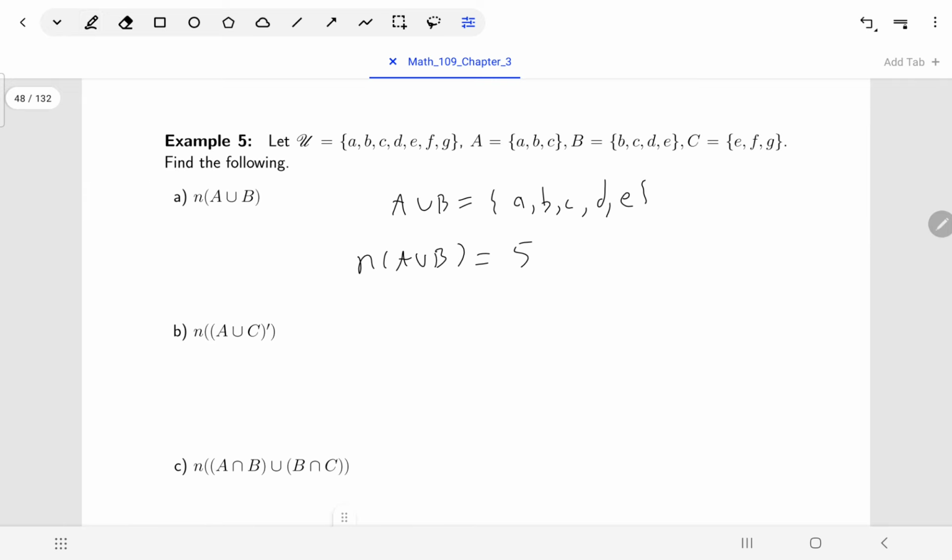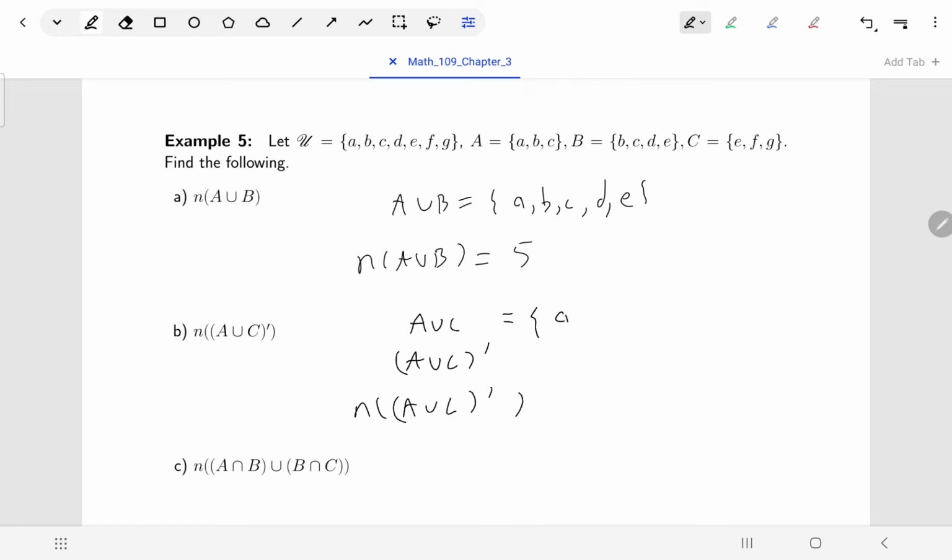A union C complement, how many things are in that? Again, a couple of steps. I'd find A union C, then I'd find A union C complement, and then I'd be able to count how many things are inside of A union C complement. First off, A union C, anybody in A or C or both.